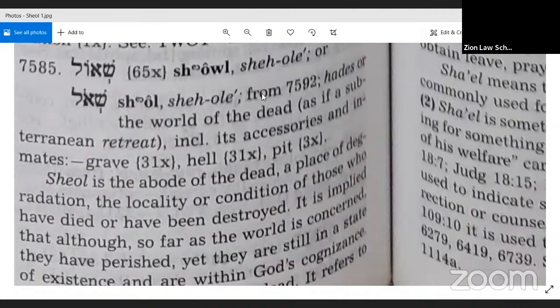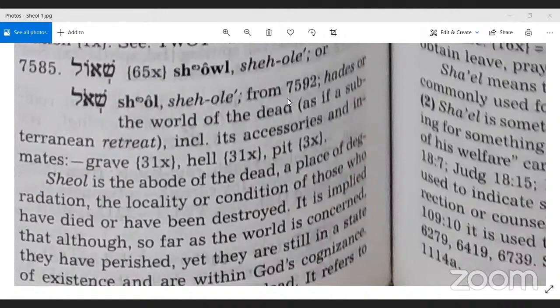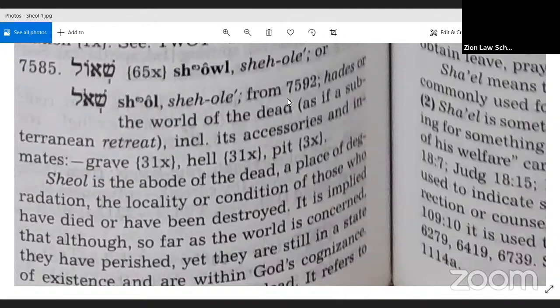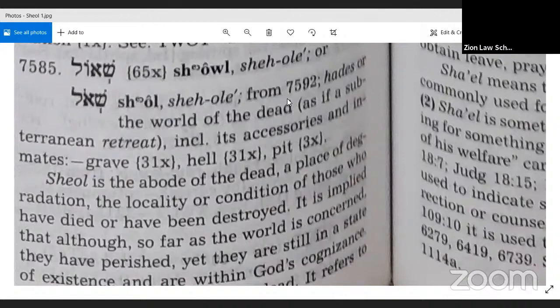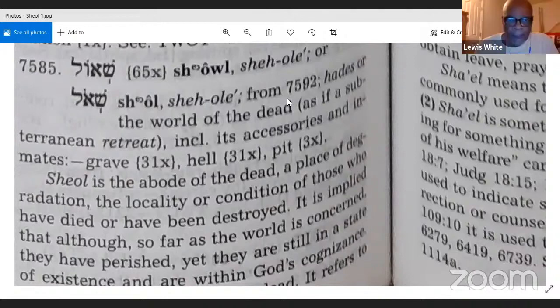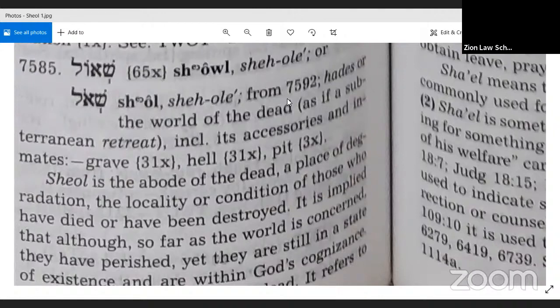No, we didn't do 7592. We're going to do this step by step because this is such an important topic. People are afraid of hell and burning. In fact, we did do 7592. So this has a lot of people in fear. It really controls their thought and behavior.